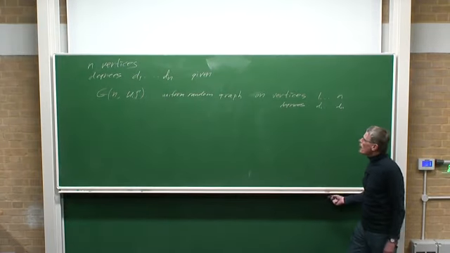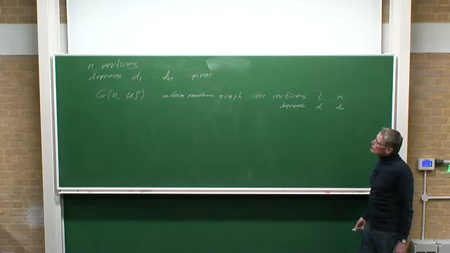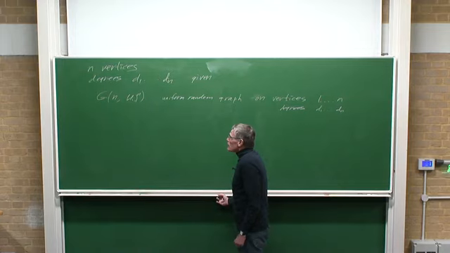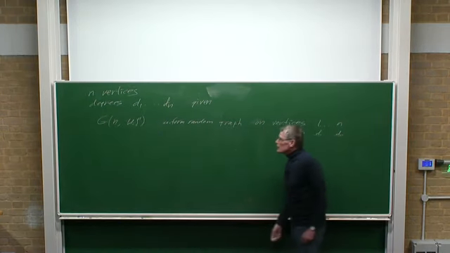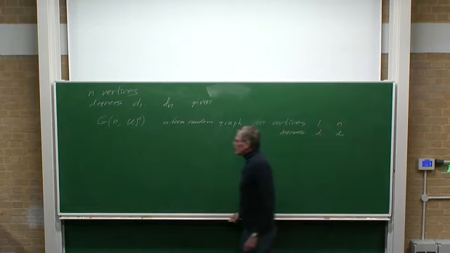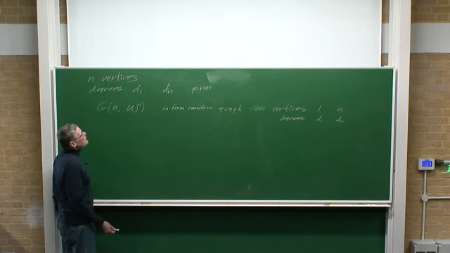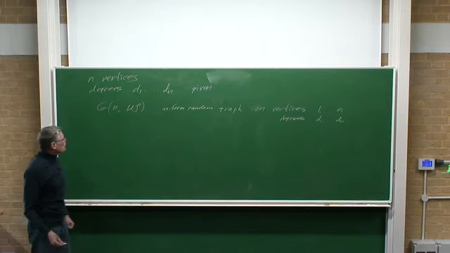But there is another thing. As I said, I'm really interested in asymptotics, so I will let n go to infinity. But next question, what do I do with the vertex degrees? You could say the simplest thing would be to say you have a sequence of degrees and let n go to infinity, but that's not really what I want.